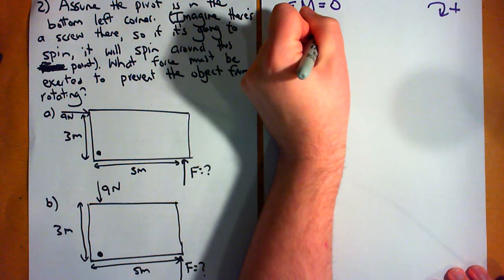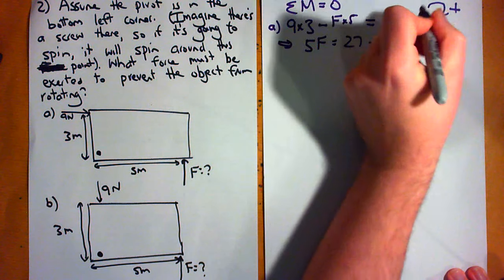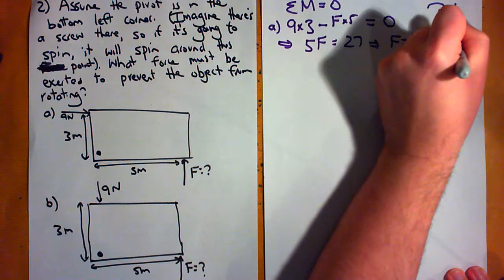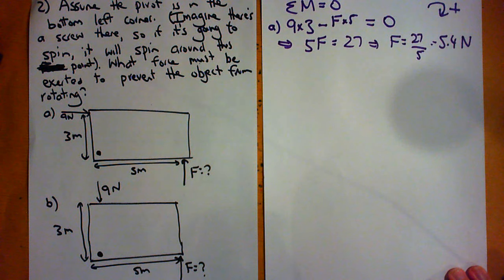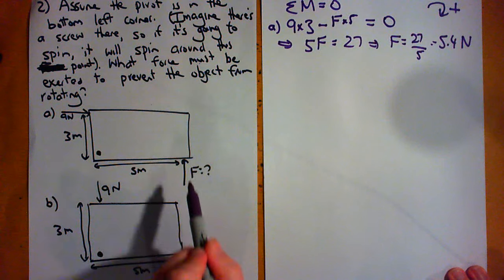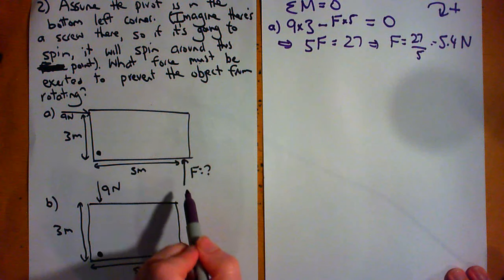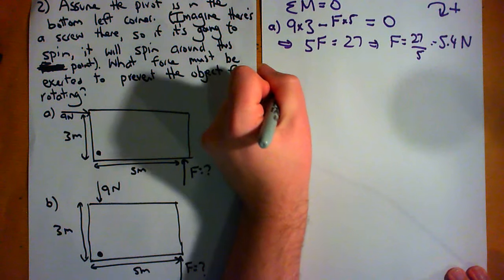So therefore 5F equals 9 times 3, which is 27, and therefore that unknown force must be 27 divided by 5, which is 5.4 newtons. So that's the force that's required to be pushing up here in order to cancel out the rotation clockwise from the 9 Newton force. We need this force to be 5.4 newtons for the sum of the moments to be 0, so that there is no rotation.